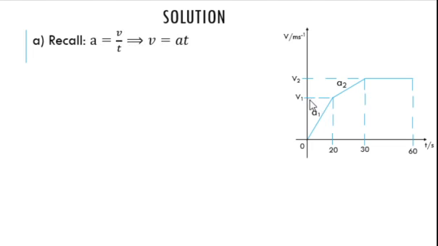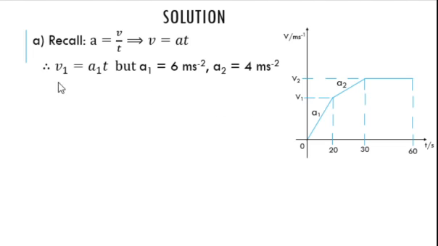So V1 is going to be A1 times T1. A1 is 6 meters per second squared, and T1 is 20 seconds. So I have 6 times 20, and that will give me 120 meters per second. That is my first velocity.